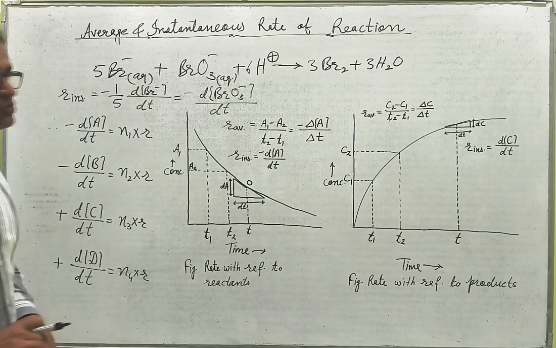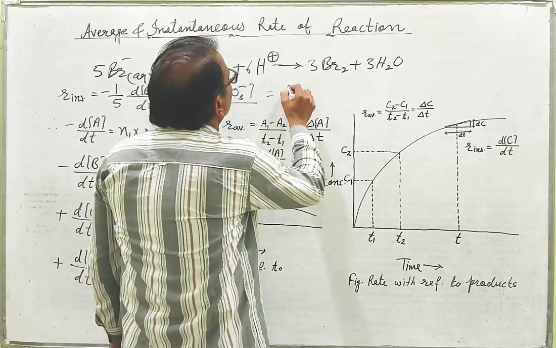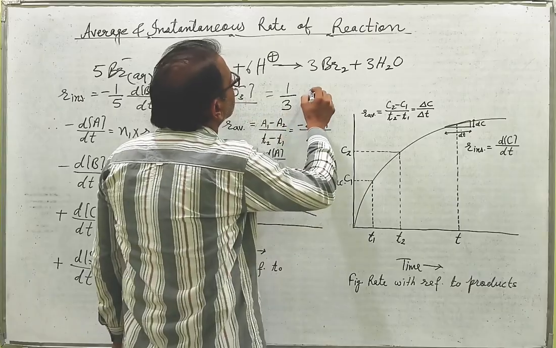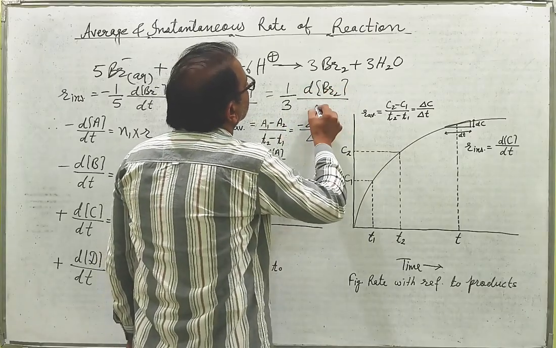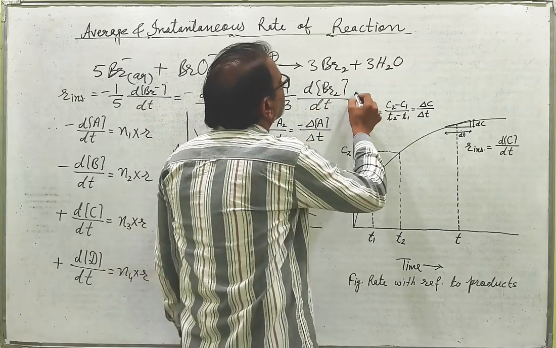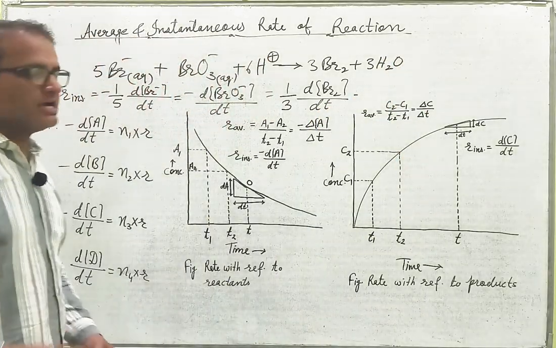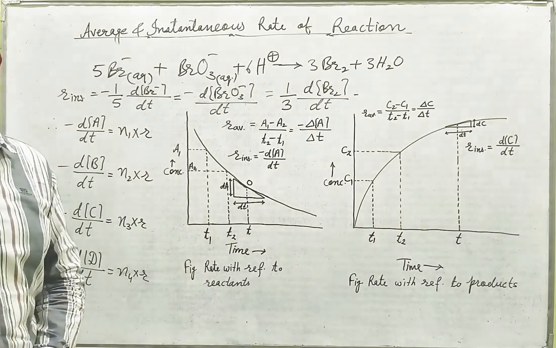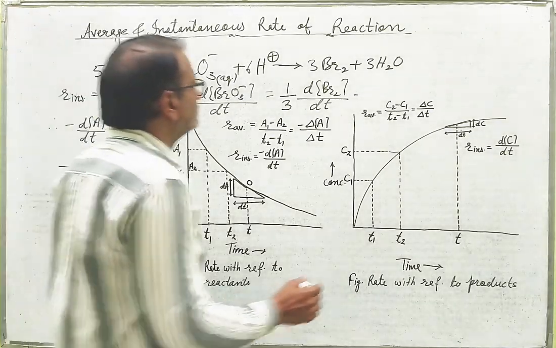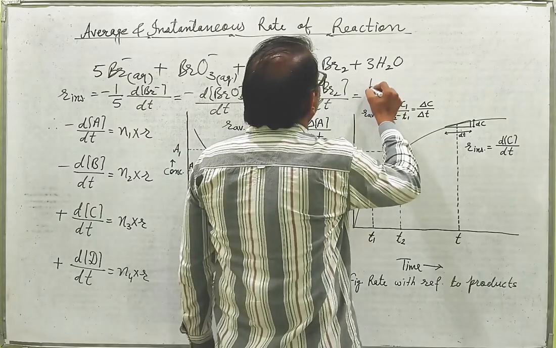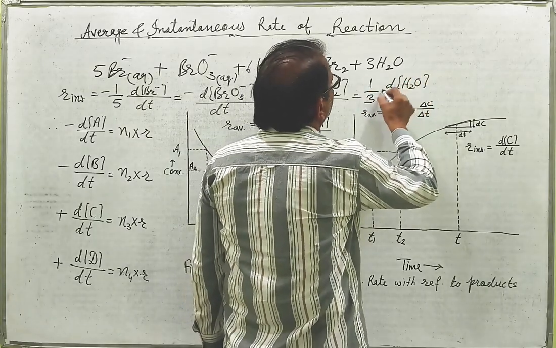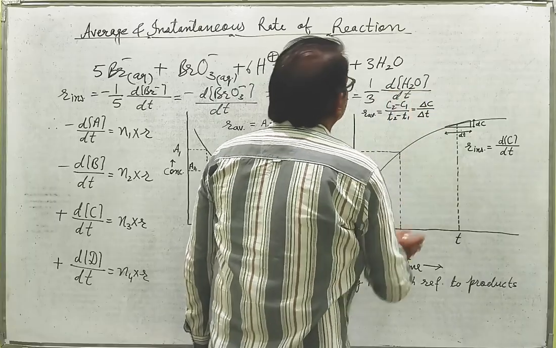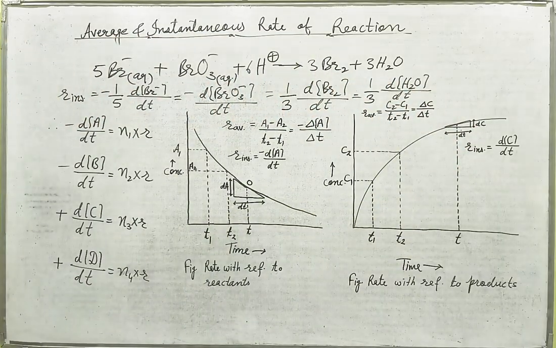This will be equal to 1 by 3 d[Br2] upon dt. This is again like H2O, so we need not even calculate this, and even if we want to calculate, we can do that. It will be equal to 1 by 3 d[H2O] upon dt. So this is how we can write the instantaneous rate for this reaction.